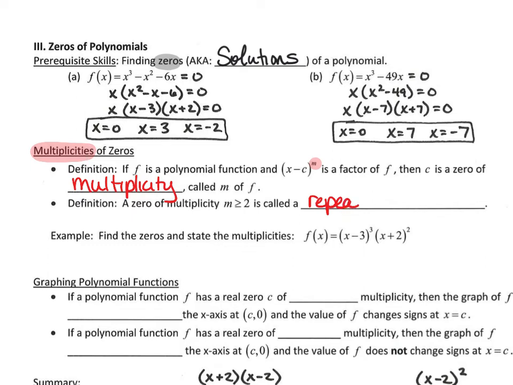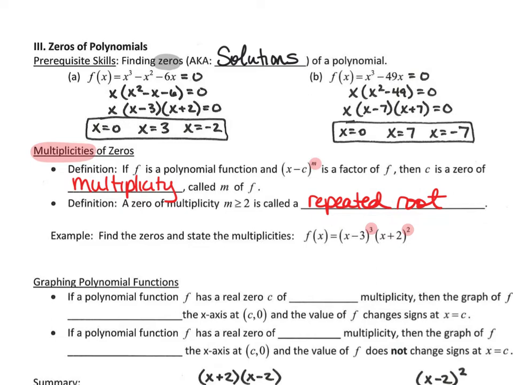Now that would sound familiar to you probably from before. If you end up having x equal to 2 as the solution twice for a polynomial, you would have called it a repeated root. And that's because it has a multiplicity, it'd be repeated twice. So here's what an example would look like of that. Here's a fully factored polynomial, but you have these powers beside each of the parentheses. Those are their multiplicities.